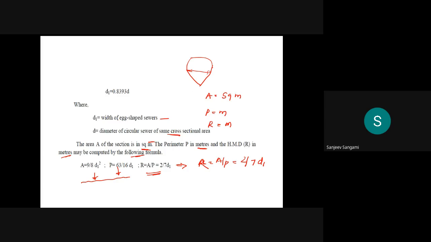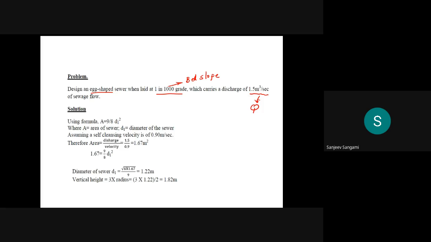A is equal to 9 by 8 D1 square, where A is the area of the sewer and D1 is the diameter of the sewer. So assuming a self-cleansing velocity, see this one, assumptions we have to make.